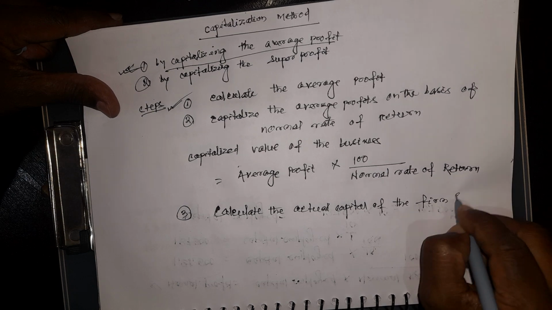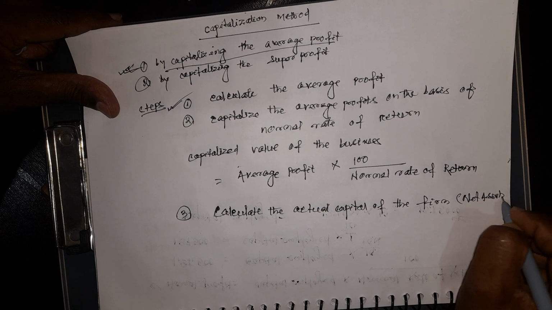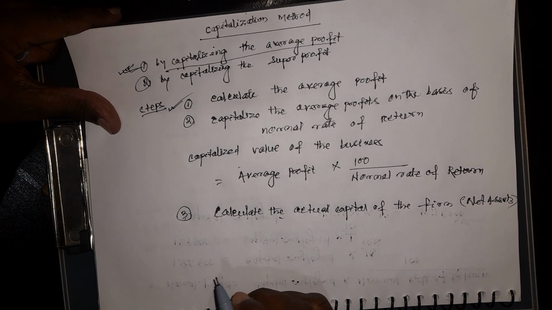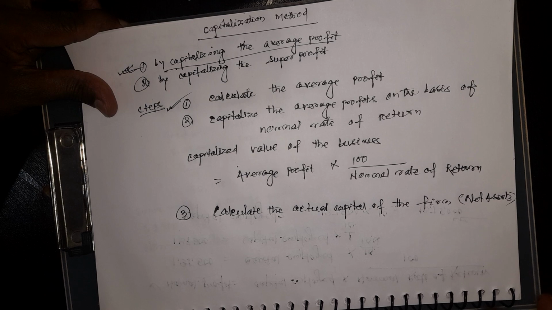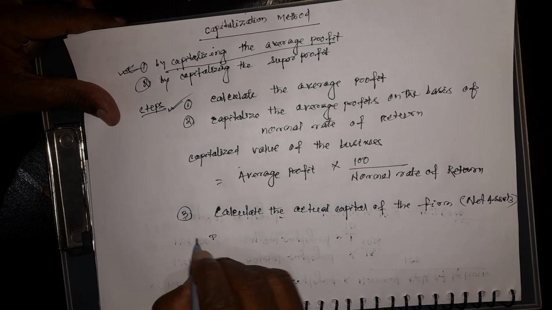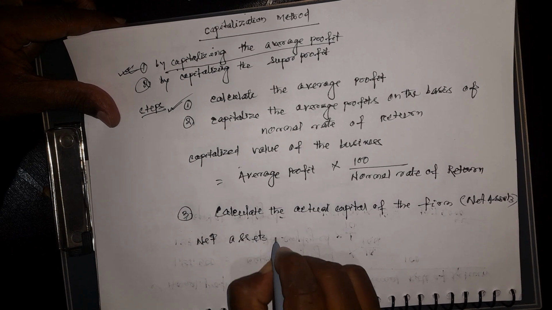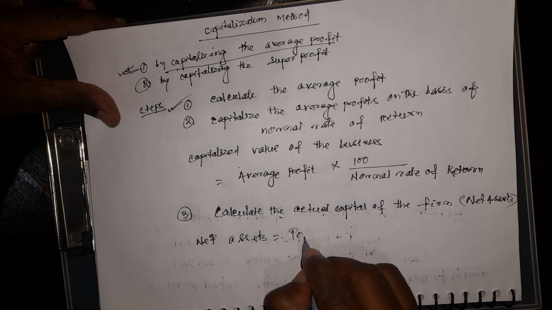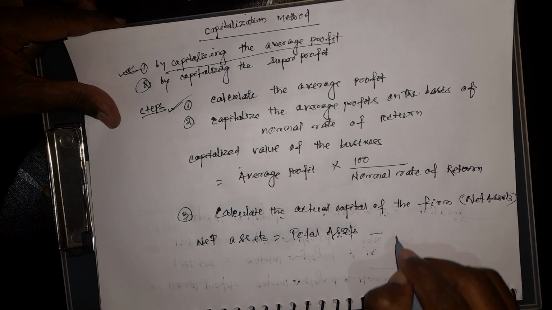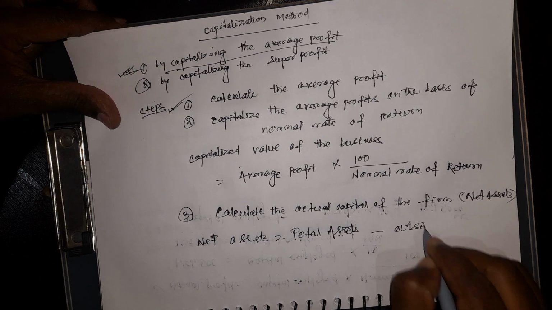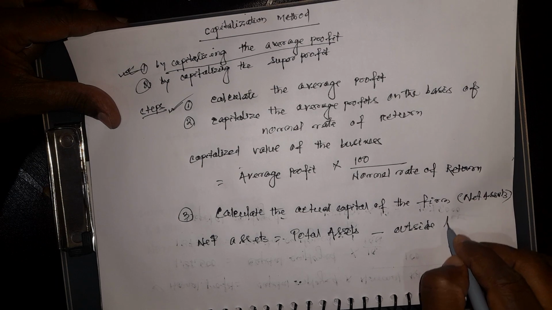That is net assets. Net assets equal total assets minus outside liabilities, or external liabilities. Clear?